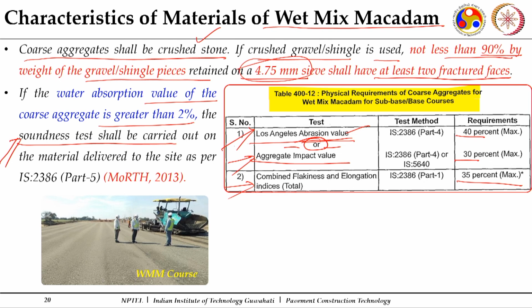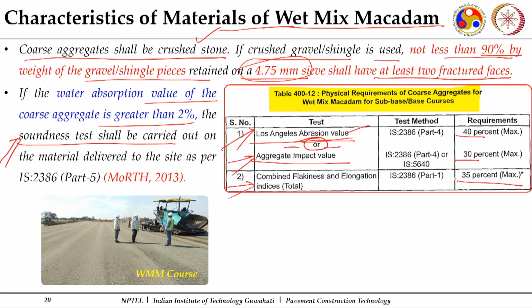So, you will try to ensure your aggregate suitability through soundness test also. When these aggregates are used as wet mix macadam in the construction of a base course, a paver is used for laying the wet mix macadam layer and compaction.